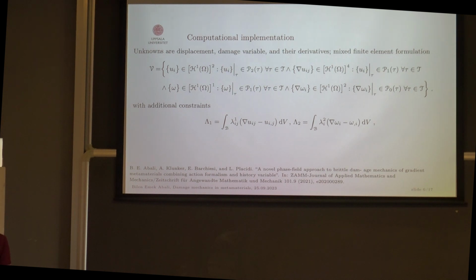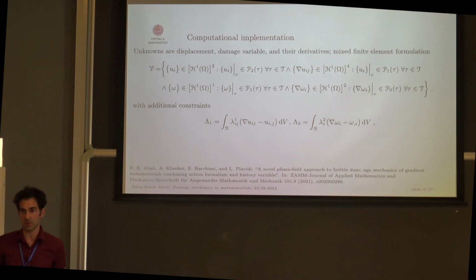What it means is, in each node, I'm calculating the displacement, 2-dimensional, in a standard Hilbert-Sobolev space, and also the displacement gradient is calculated as an unknown. So the displacement and gradient of displacement are unknowns, but of course I have to make sure that the displacement gradient and this new unknown function are also the same by adding a Lagrange multiplier. So I need to also calculate the Lagrange multiplier, which makes it really costly.